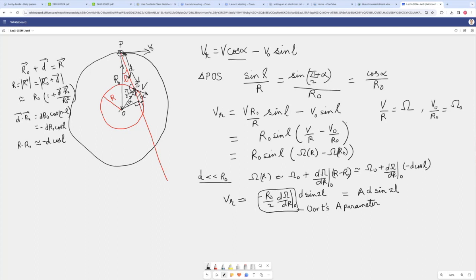If we assume circular orbits, the radial velocity should go like a constant times the distance times sine of 2L. Okay, good. And this parameter's value has actually been measured, and it is around 14.8 kilometers per second per kiloparsec. And so this is a rate.